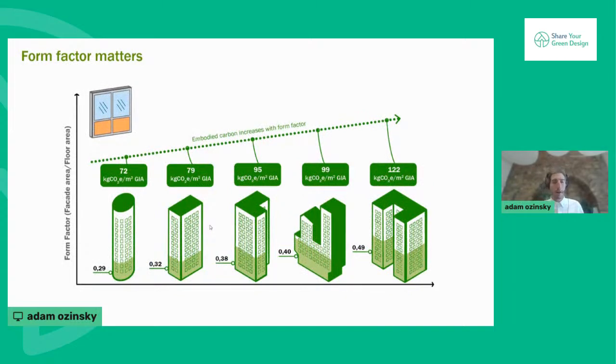This one is one that used to be a big deal when we were all being trained, and somehow seems to have slipped off the radar. But this idea of form factor or heat loss area being a real big driver for embodied carbon, and certainly when it comes to facades, it is. So as a didactic, what we did over here was we just took the same unitized curtain wall facade and mapped it across some fictitious buildings that had form factors ranging from about 30% to 50%.